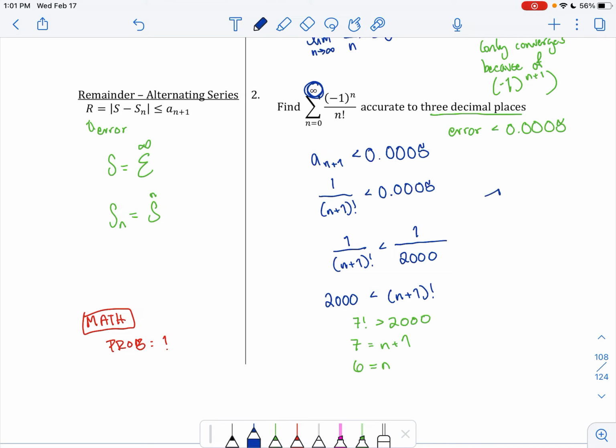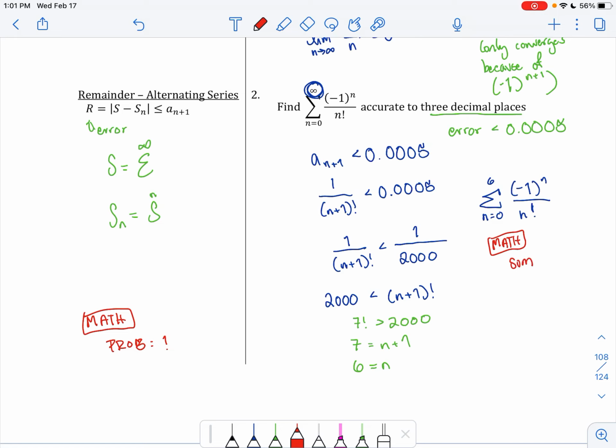So what that tells us is that we need to find the series from n equals 0 to 6 of negative 1 to the n over n factorial, again using our calculator, and this will be accurate to 3 decimal places. So again, you're going to use your math button on your calculator, for the majority of you, and you can just go to the series summation.